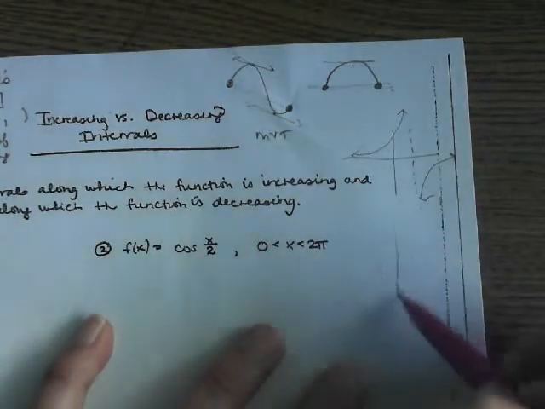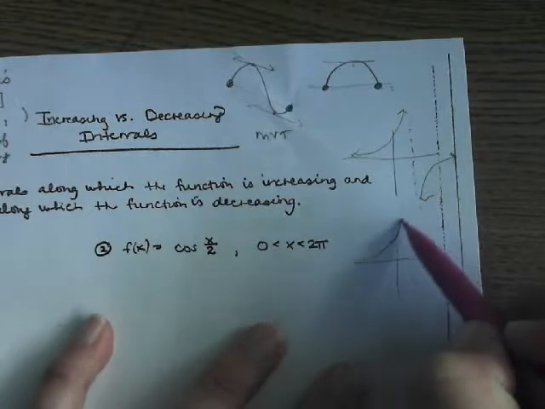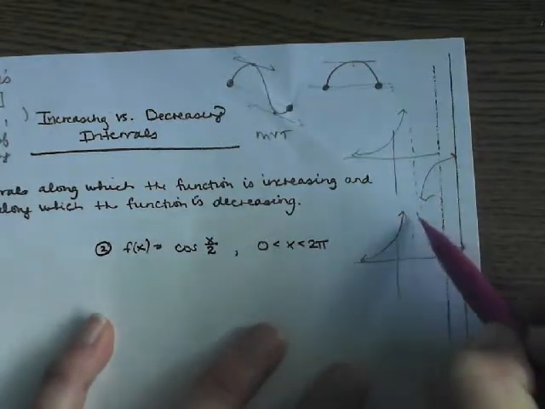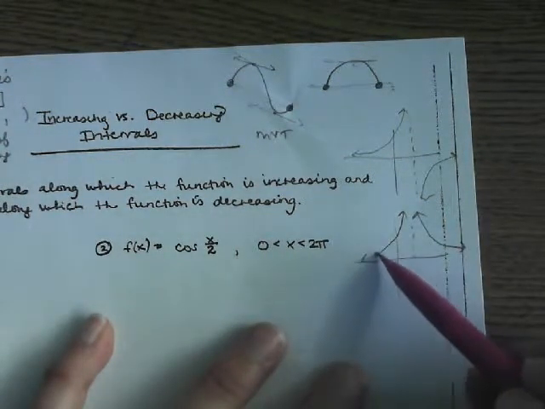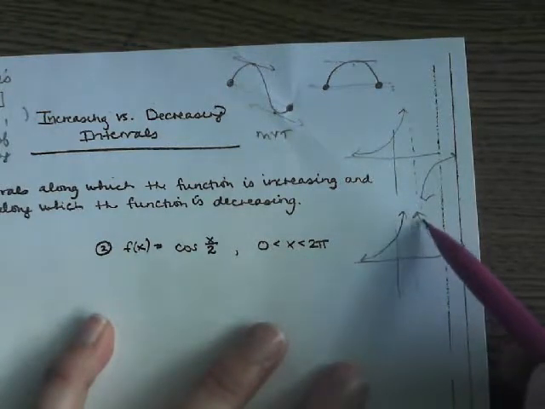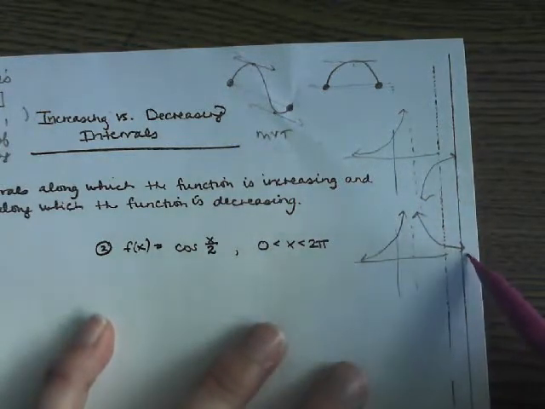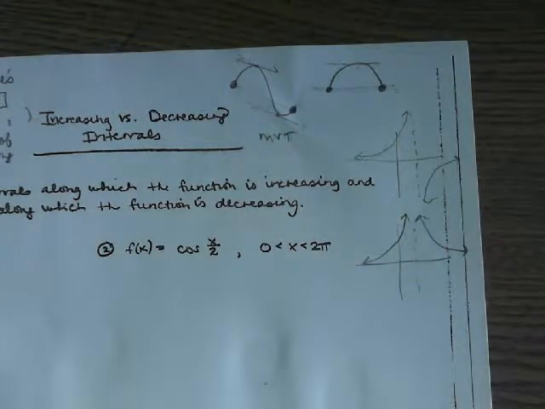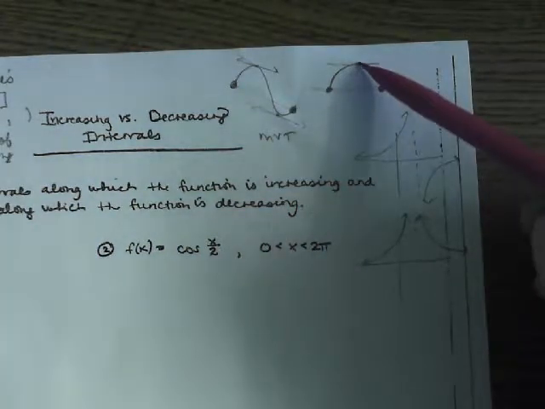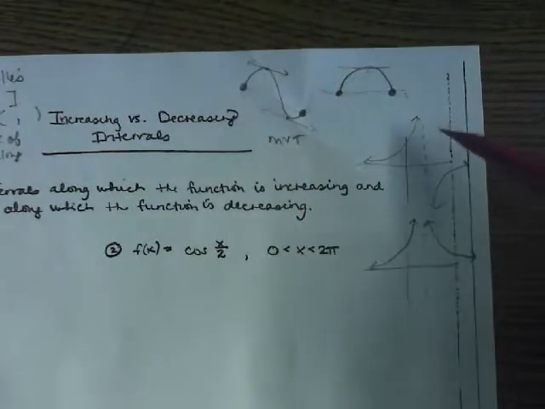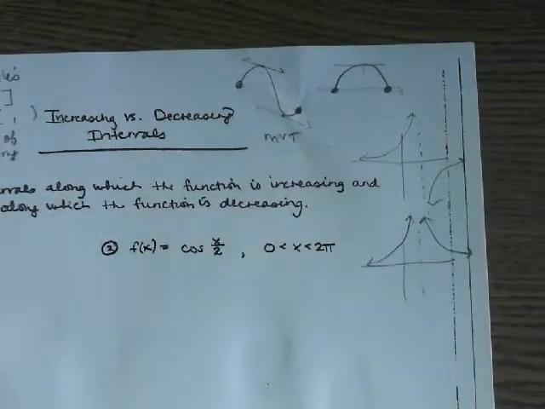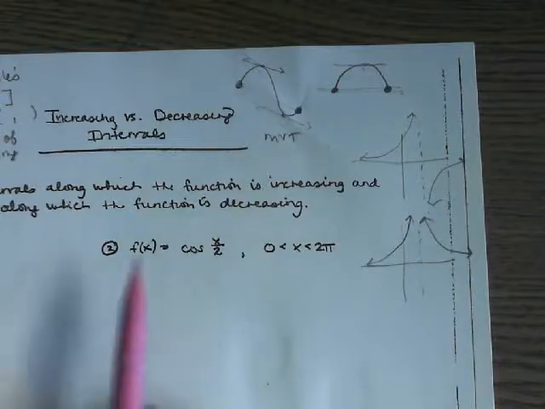Or likewise, you could have a rational function that's split like this, and along the interval to the left it's increasing, whereas along the interval to the right it's decreasing. So we can have a change from increasing to decreasing or vice versa anytime the slope is 0, or anytime the slope is undefined or the function's not differentiable or something of that nature. Is that clear? Okay?